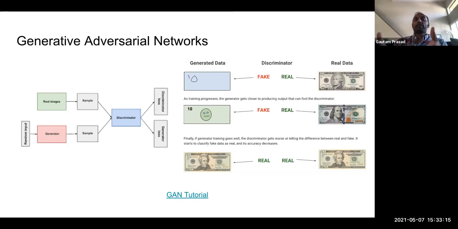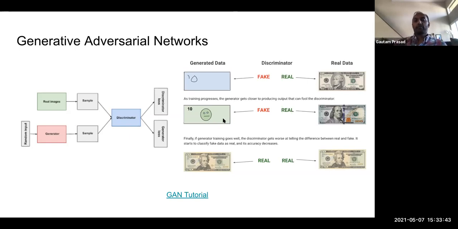So that first iteration, when the discriminator says to the generator, hey, I know you're faking this, you're not real data, at that point, all of that information is fed back into the network in a process that improves how the network works.